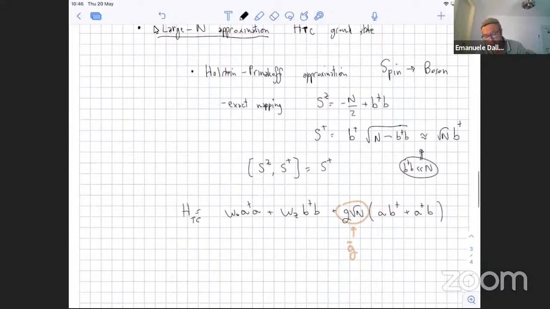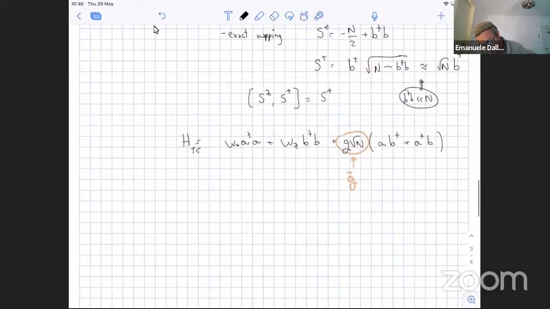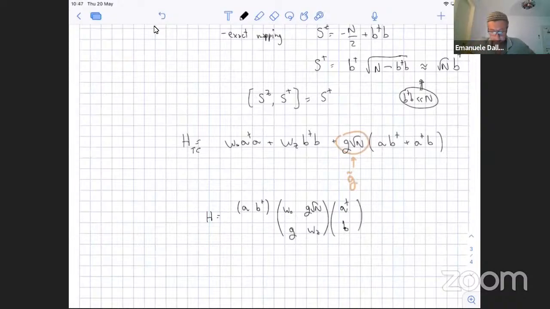Okay, so this Hamiltonian, we can now write in a quadratic form as follows. Let me do a dirty trick, which is to write it as A B dagger times a matrix with omega 0, G square root of n, G square root of n, omega Z, times A dagger B. In principle, this should be a 4 by 4 matrix, because you have A dagger, B dagger.